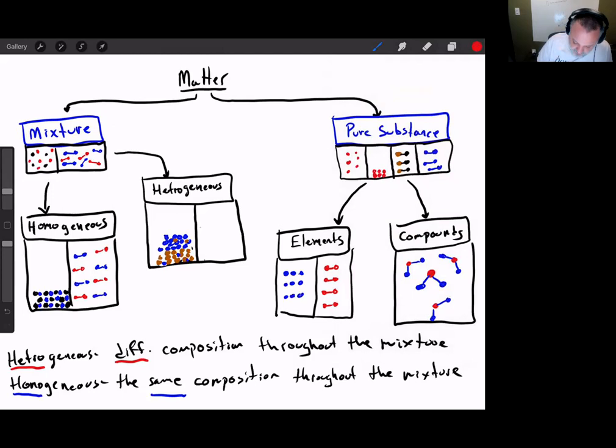Here might be a very simple depiction of an oil and water mixture. This container has two different substances in it, the red substance and the blue substance, and they have not mixed in any way.